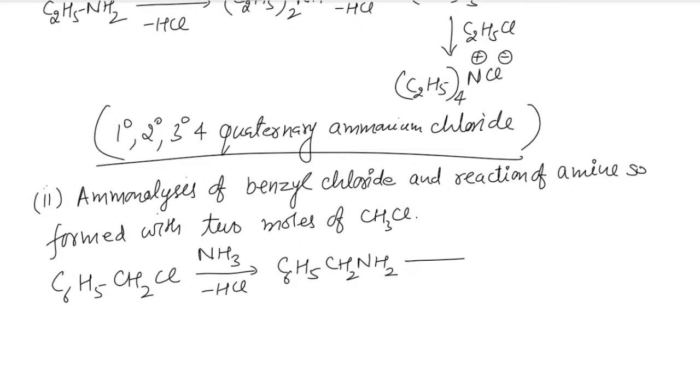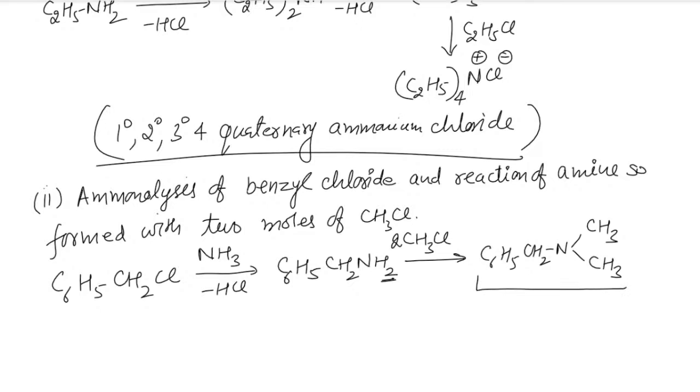There are 2 hydrogens, so 2 methyl chlorides can react. So we get C6H5CH2N(CH3)2. Can you name it? Write the name of this compound.